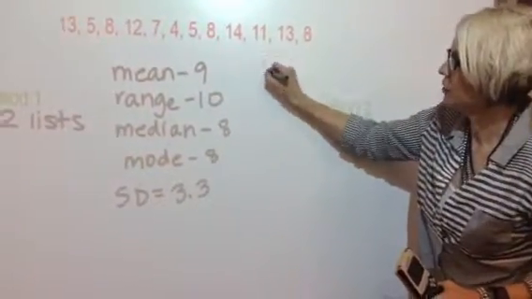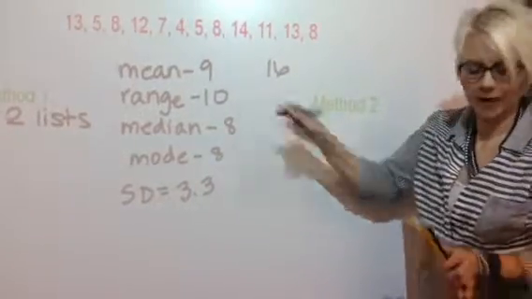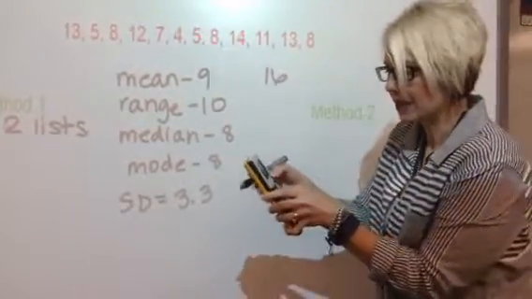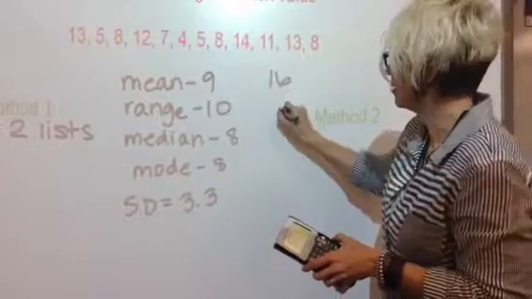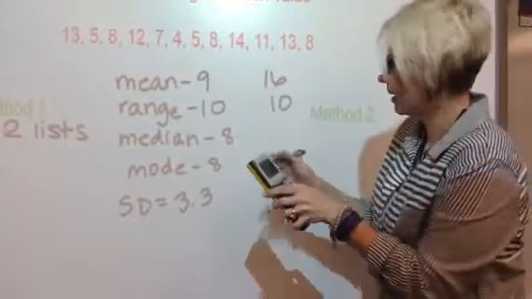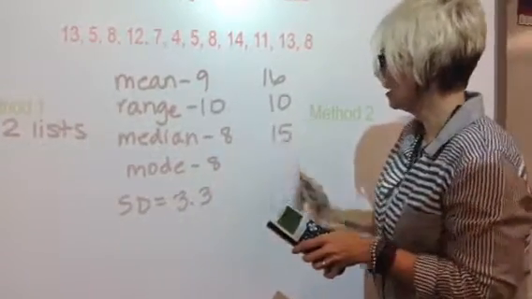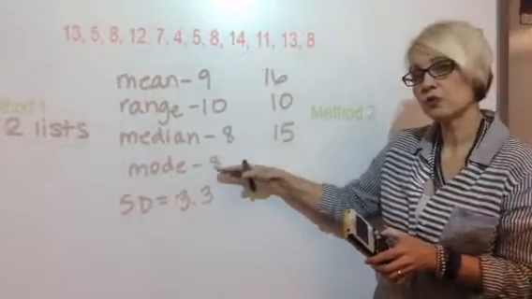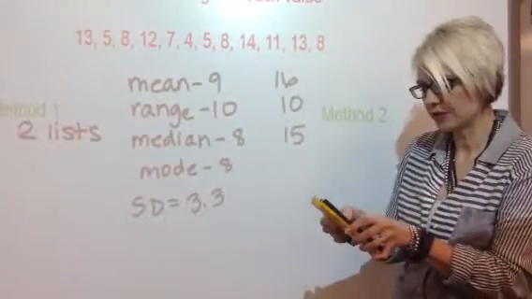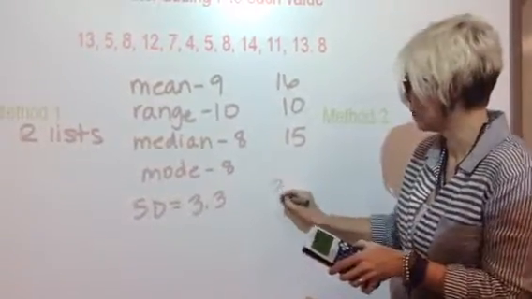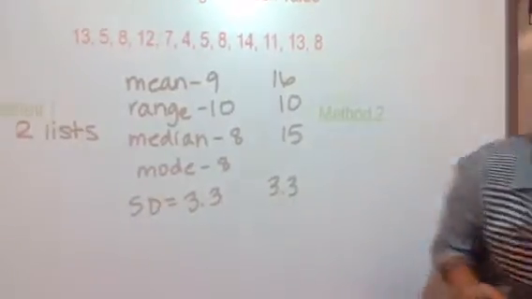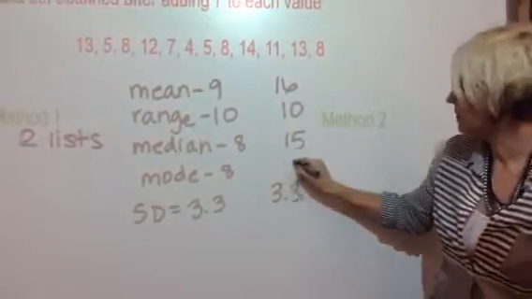Your mean now changes, if you notice, to 16. My range is now taking 21 minus 11, so my range is still 10. My median is now 15. And then you'll have to find your new mode, and your standard deviation, if you look, stays the same at 3.3. Well, our new mode is 15.